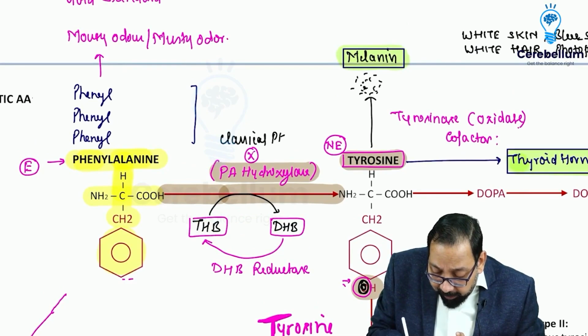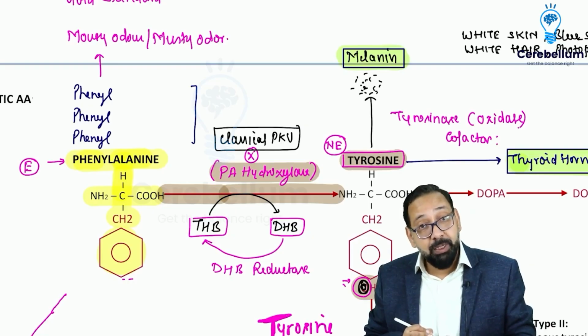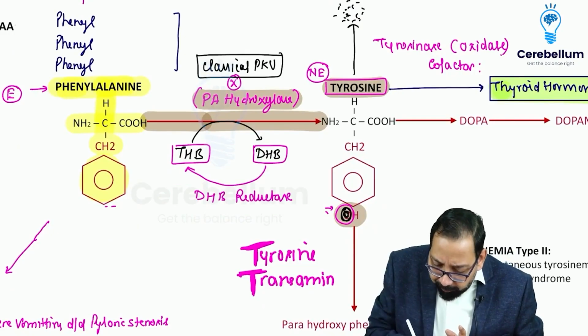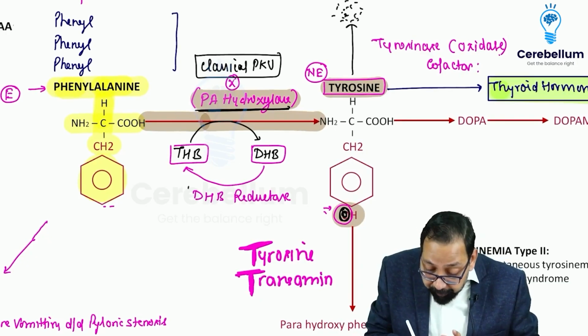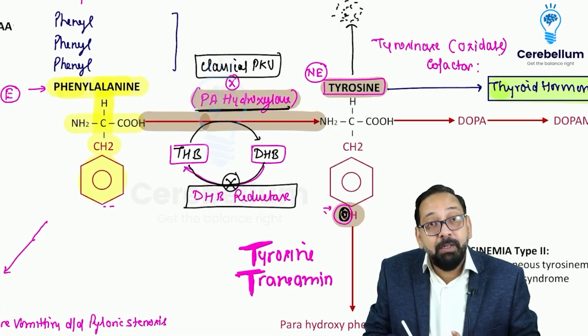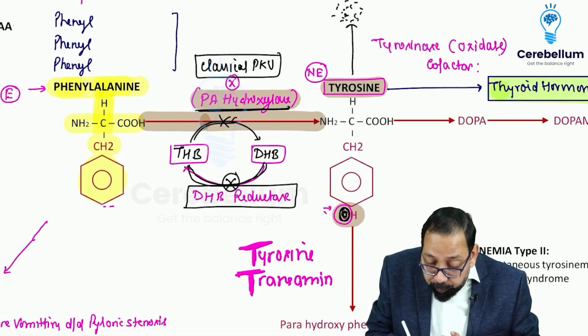In a few patients of phenylketonuria, phenylalanine hydroxylase is normal, but there is a deficiency of dihydrobiopterin reductase. If this enzyme is deficient, dihydrobiopterin will not be converted back to tetrahydrobiopterin, so this reaction will not continue.